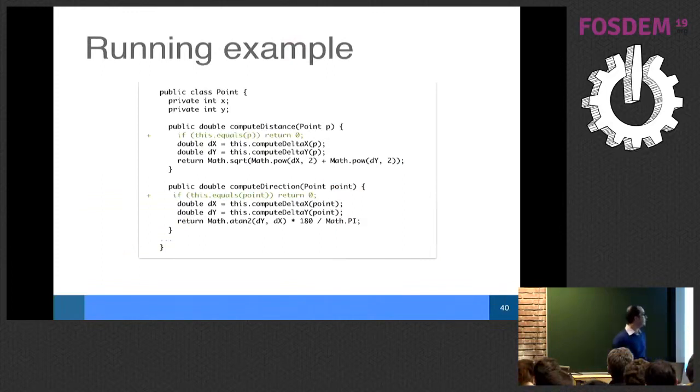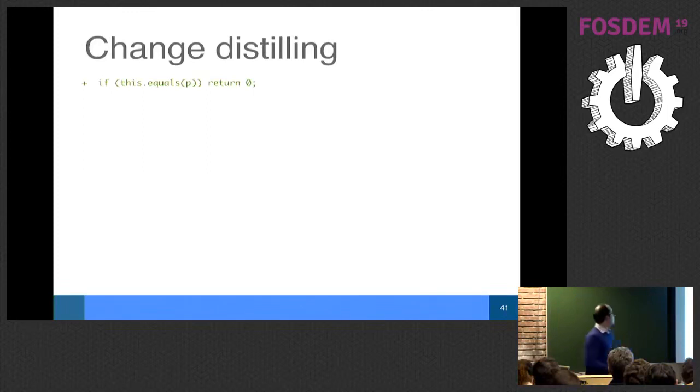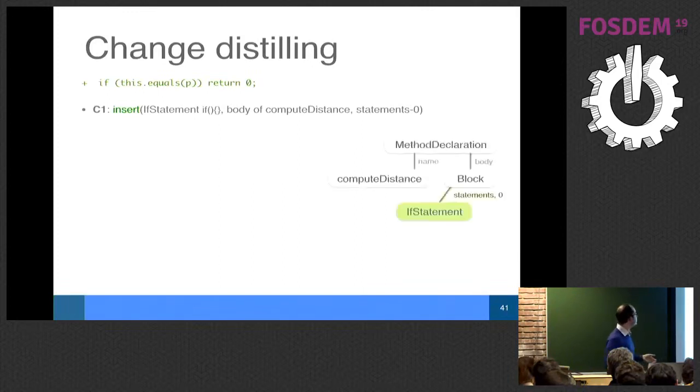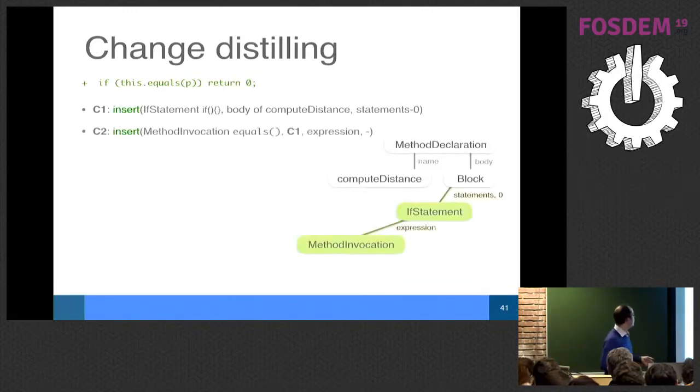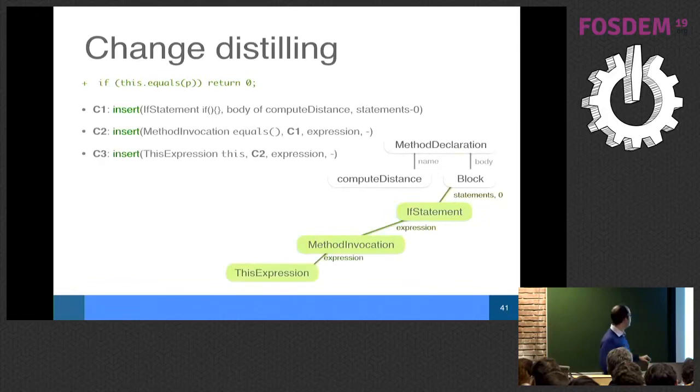Let's consider that we have this commit. In this commit we are adding 2 lines of code. These 2 lines of code are more or less the same, with only a really small change. So what are we doing? First of all, we are inserting an if statement. Then we are inserting a method invocation.